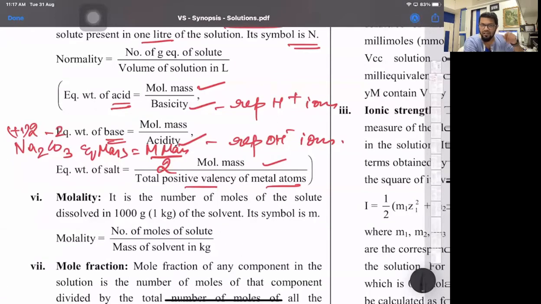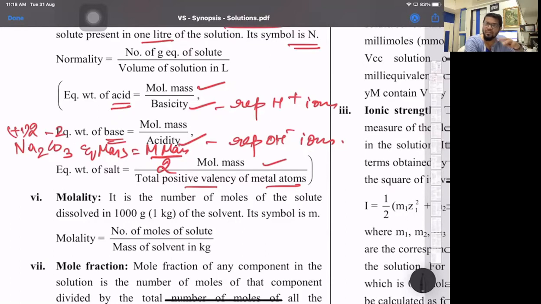Third and fourth are not given here. Important, equivalent mass of an element in a compound. There are many elements which show variable oxidation state, like Fe, ferrous, ferric. So its equivalent mass will be different for different compounds. Like for example, in FeSO4, sulfate is -2, Fe is +2. So the equivalent mass will be molar mass divided by 2.